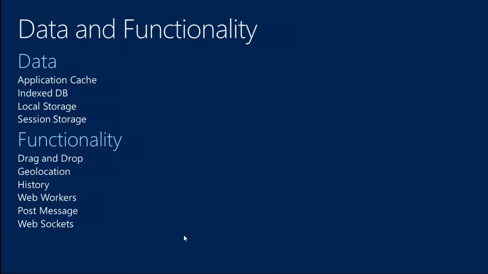So when it comes to data, we have these 4 key things: application cache, indexed DB, local storage, and session storage. The application cache gives you a cache that you can work on in your JavaScript app, so go ahead and cache some things. Indexed DB actually gives you like a little mini database that your JavaScript app can use. Pretty cool idea, right? And then you have local storage, which is a persistent form of storage.